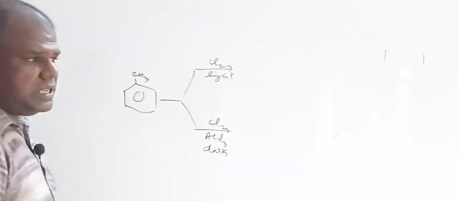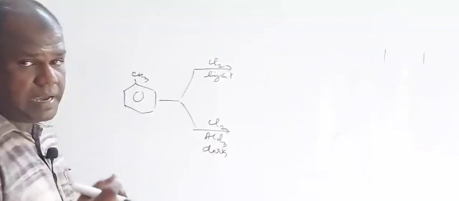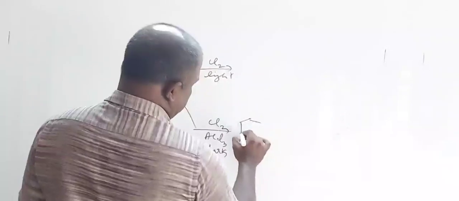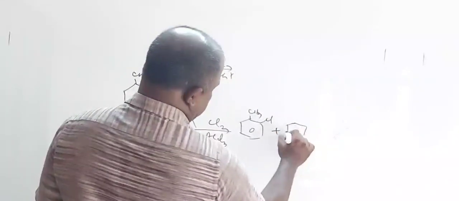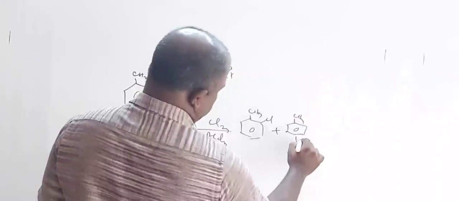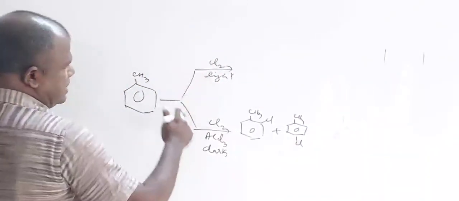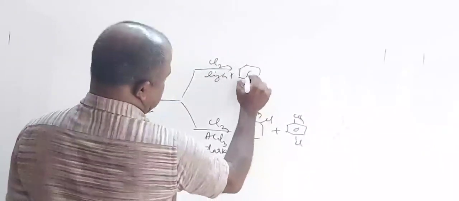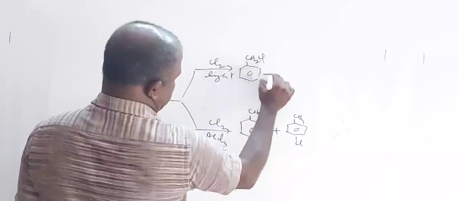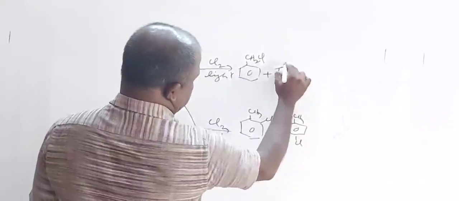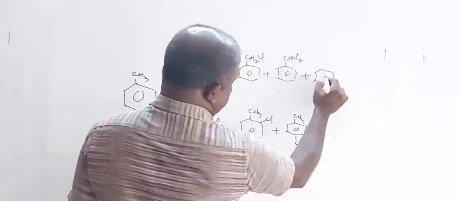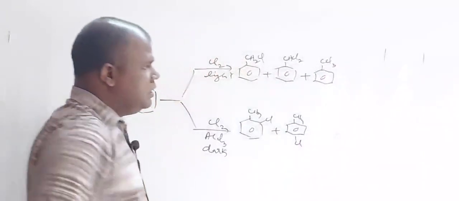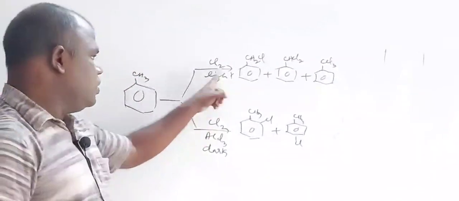The methyl group is a plus M group and ortho-para directing. So the compounds formed are ortho-chlorotoluene and para-chlorotoluene. But in the presence of light, the reaction happens at CH3, giving CH2Cl, it will not stop, CHCl2, and finally CCl3. These are the products formed when chlorine reacts in the presence of light.